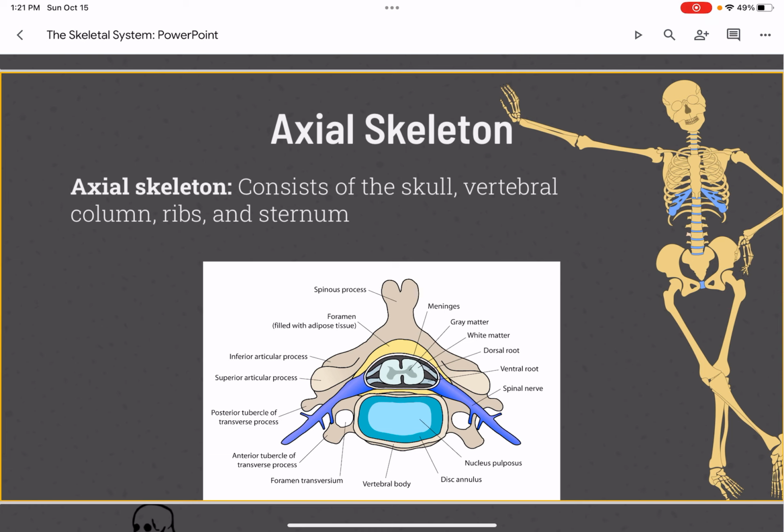The vertebral column, or spine, supports the body and bears weight. It also surrounds and protects the spinal cord. The vertebral column consists of 24 vertebrae and 2 fused bones.